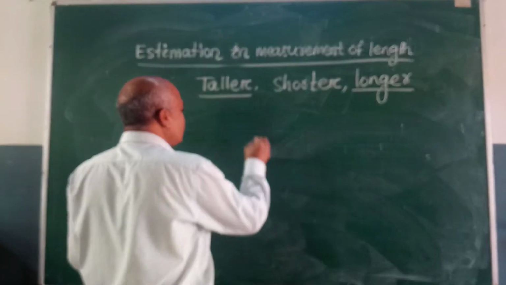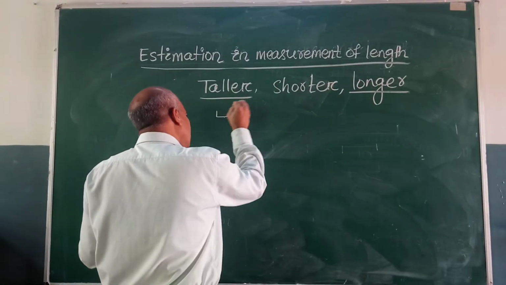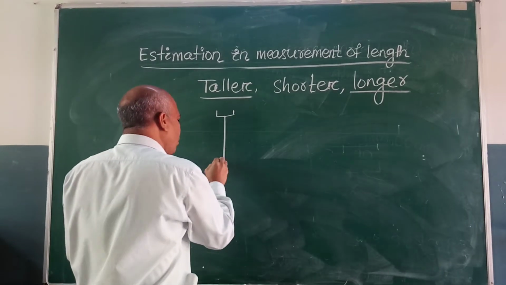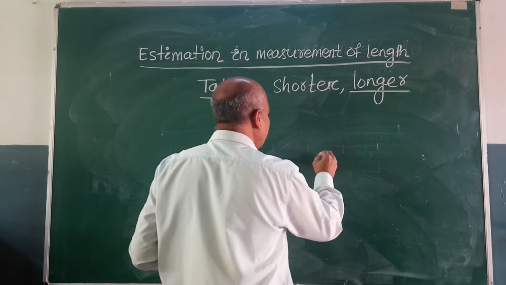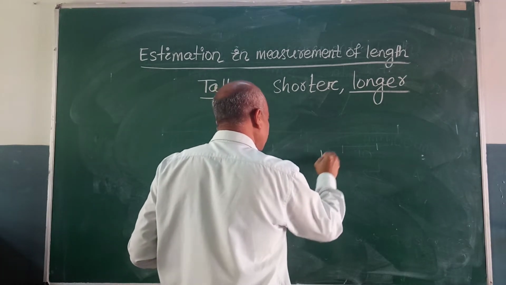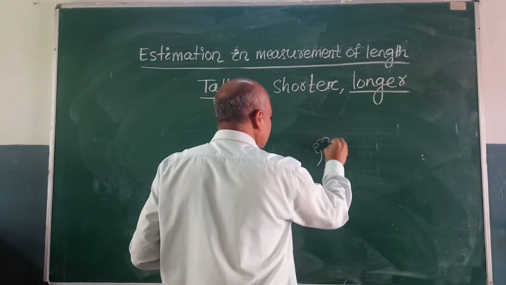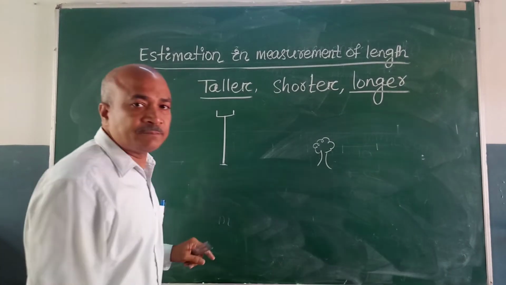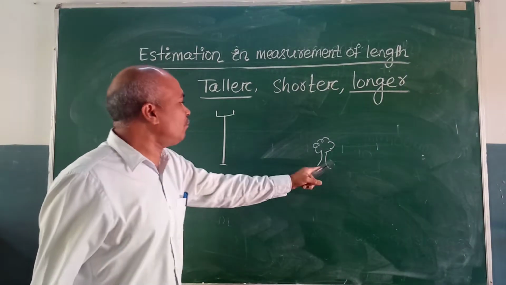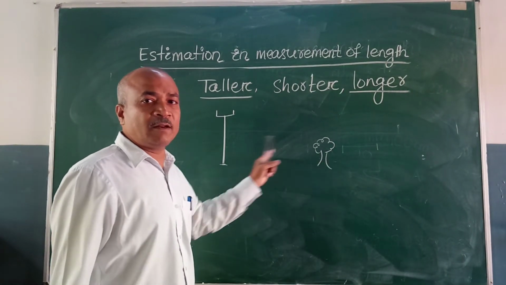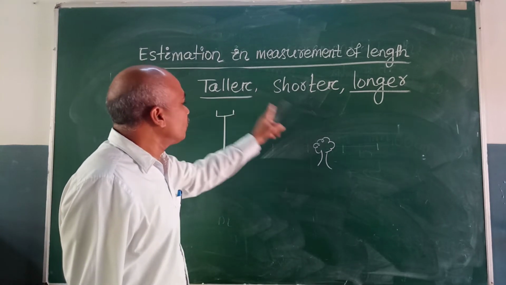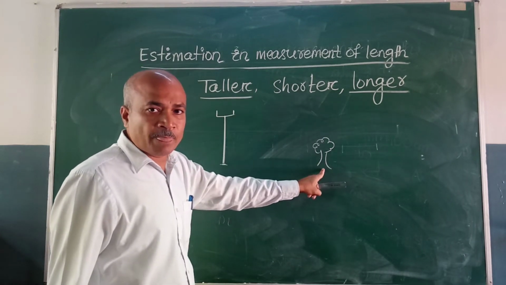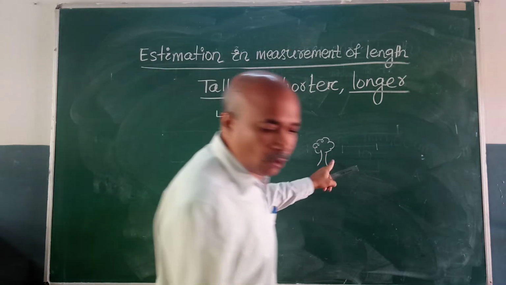Suppose here you see an electric pole and here is a small tree. When you are comparing between these two, then you can say the electric pole is taller than this small tree.